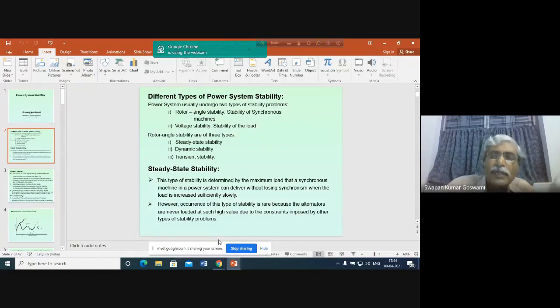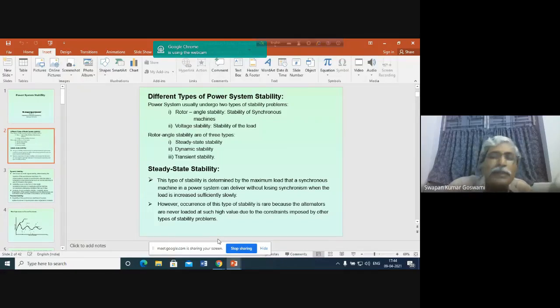Day by day there was growth in the load and in the generation as well, but not matching growth in the transmission capacity. As a result, with the passing of time, our transmission system was getting more and more heavily loaded, and the voltage problem started appearing.